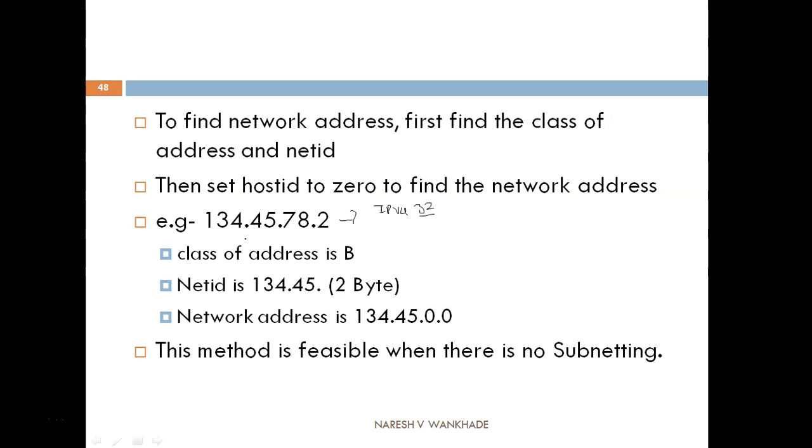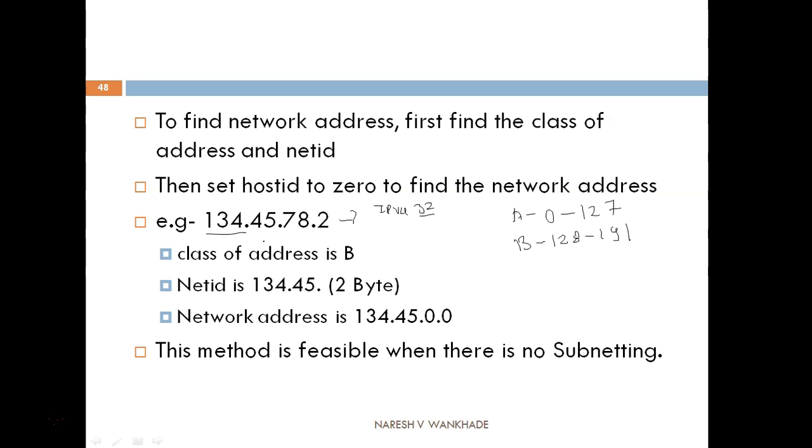Identify the class of the address. The class of the address is B. We know that the range of class A is from 0 to 127 and the range of class B is from 128 to 191.